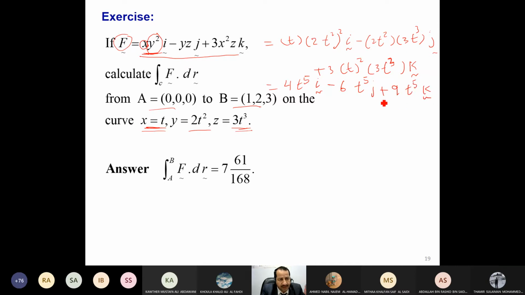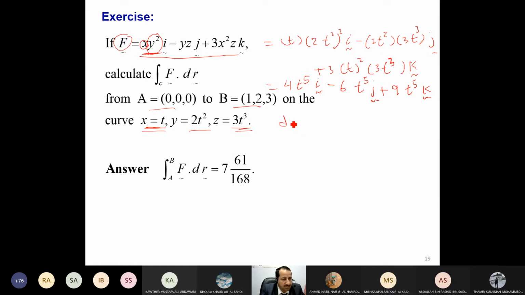Did I forget anything? Are there any mistakes here in the calculations? 9t to the power 6. Why power 6? t to the power 6. We add them, right? 2 plus 3, 5, right? Okay.